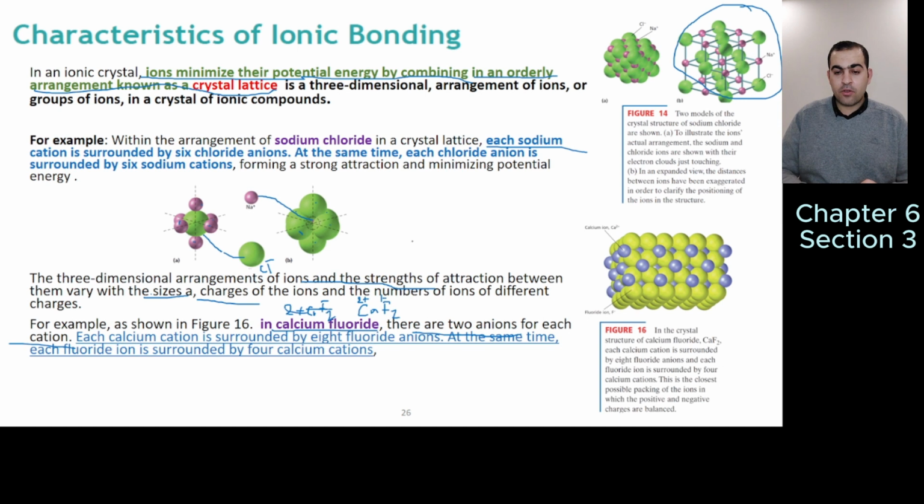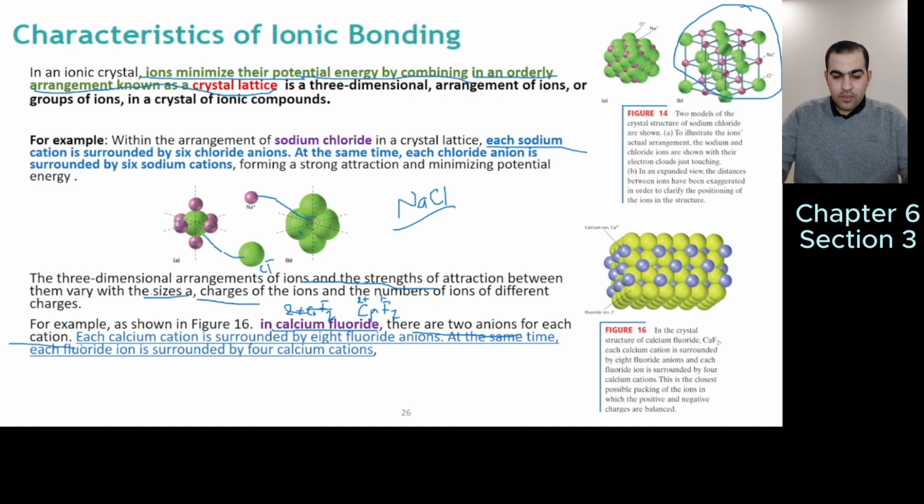But in sodium chloride, the number is 1 to 1, right? Here, for each cation there are 2 anions. So the charges and number of ions, they affect what? The arrangement. For example, in calcium fluoride, there are 2 anions for each cation in total.